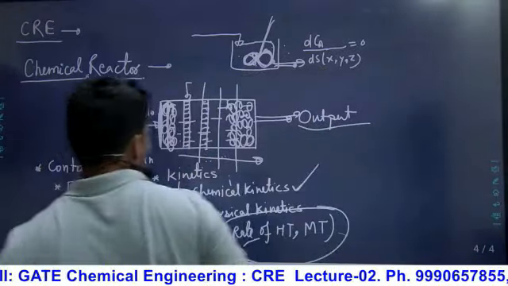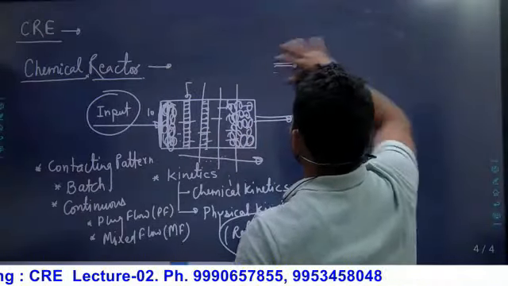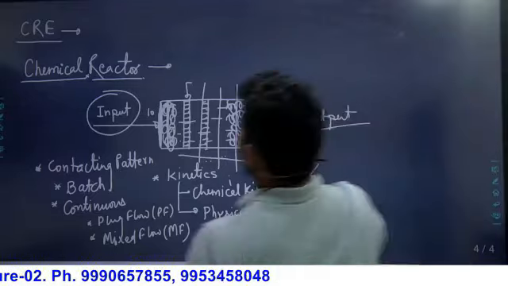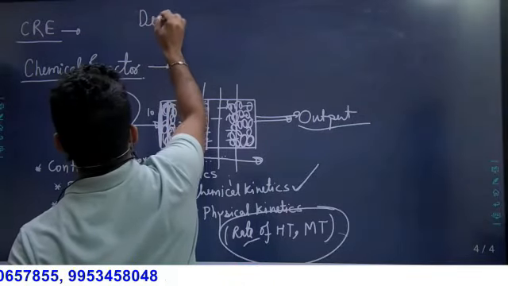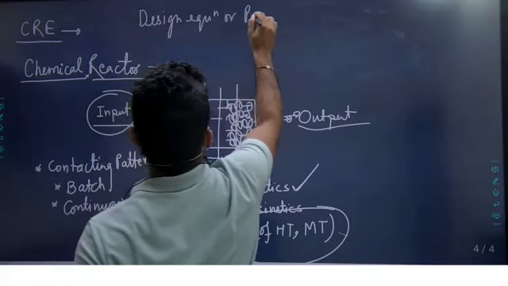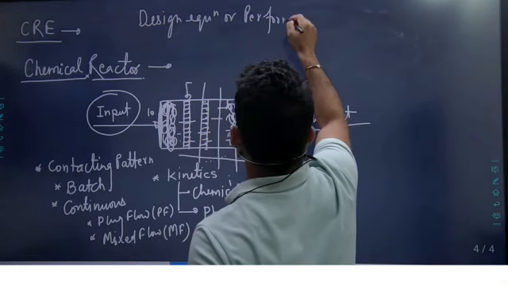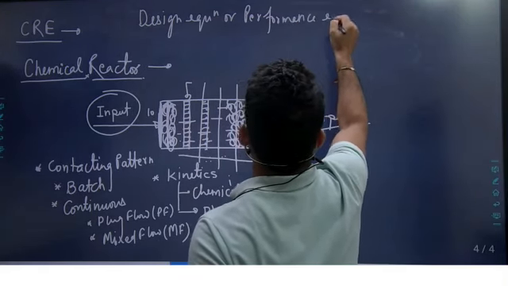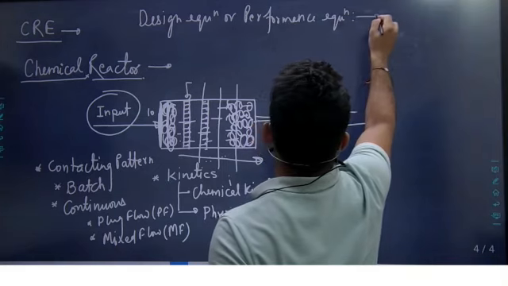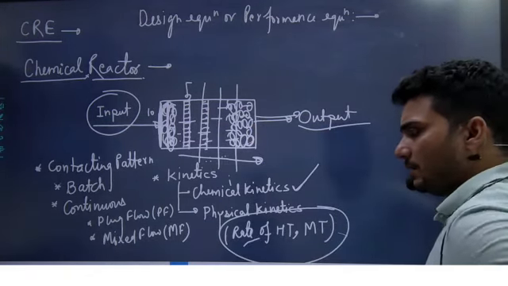Now understand. When you deal with reactors, at that time you will find the design equation or performance equation. We will find the design equation or performance equation for the different reactors.